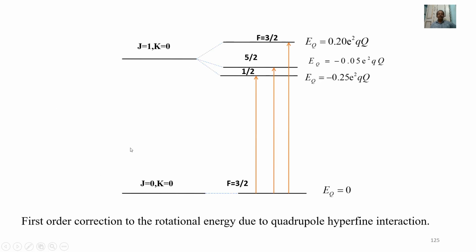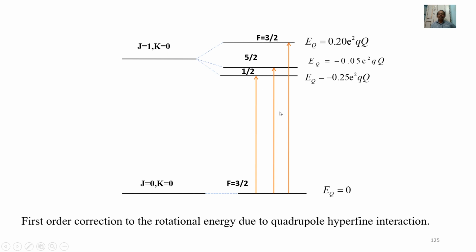So when J equals 0, K equals 0, E_Q equals 0 and F is 3 by 2. Whereas for J equals 1, K equals 0, we have 3 splittings: F equals 1 by 2, 5 by 2, and 3 by 2.